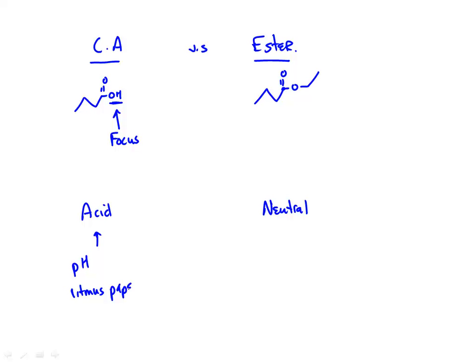Proper chemistry technique is to dip a glass stirring rod in there and take out 1 drop and test it, not to stick the pH paper in there. So one of the biggest differences between carboxylic acids and esters is simply that one is an acid and one is neutral, because it doesn't have that hydrogen that can be lost.